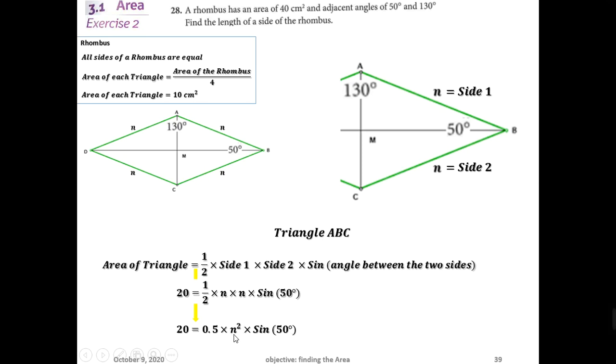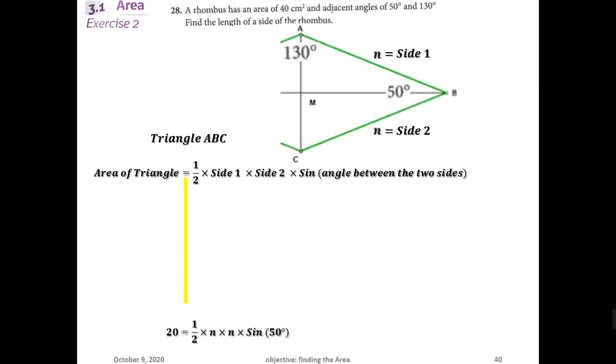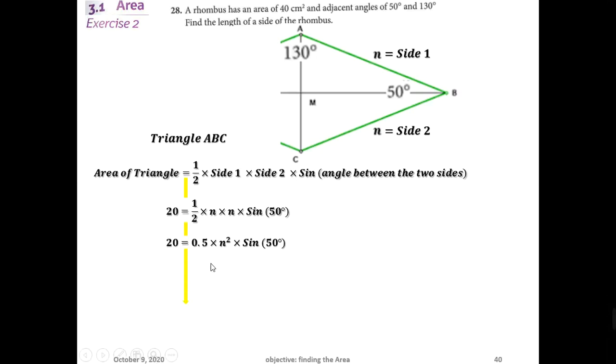We're calculating for n. We need to make n the subject. So we must get rid of 0.5 and sine of 50. How? By dividing all by 0.5 times sine of 50. So we're going to divide each side by 0.5 times sine of 50.